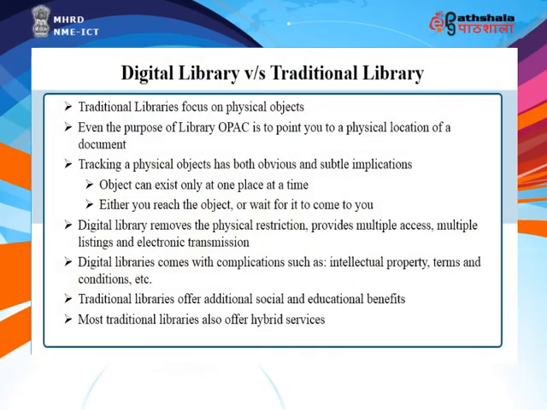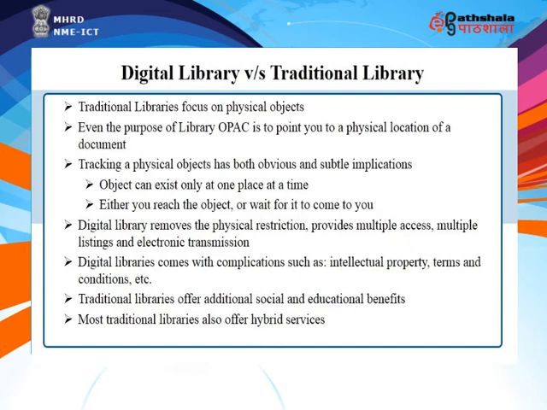Traditional libraries focus on physical objects. Let's now examine the principal distinction between a traditional library and a digital library. The traditional libraries are built around physical collections available in the libraries. Even the purpose of a library OPAC is to point you to the physical location of a document.